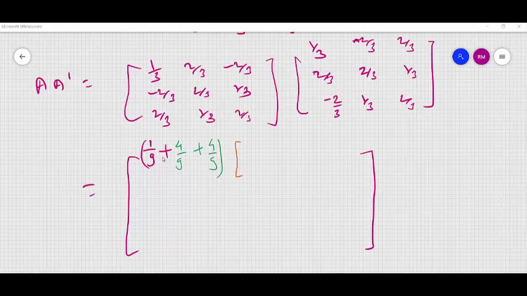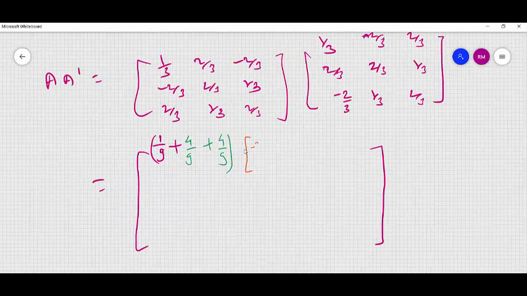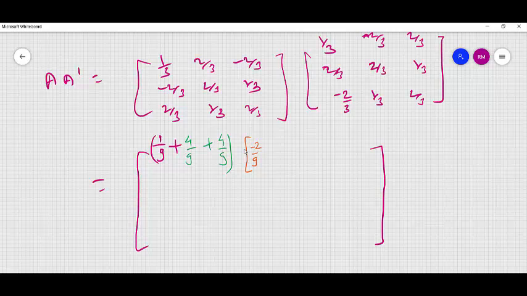So we will get this first entry. Now go for the second entry, meaning first row, second column of the second matrix. So minus 2 by 9 plus 4 by 9 plus minus of, meaning minus 2 by 9.